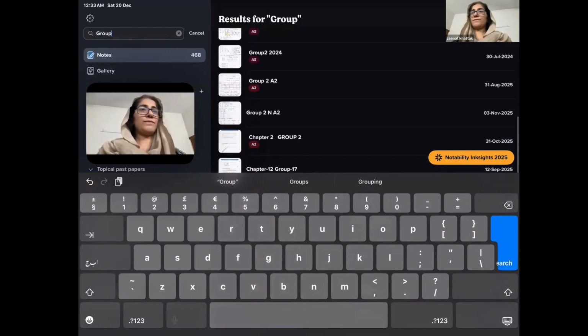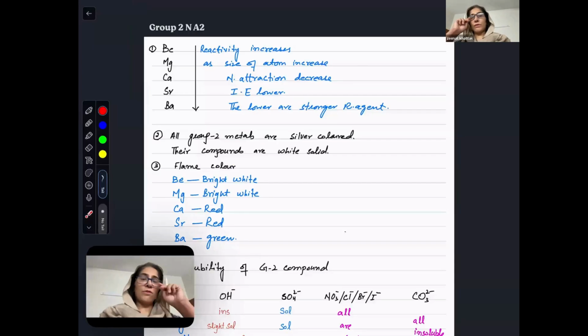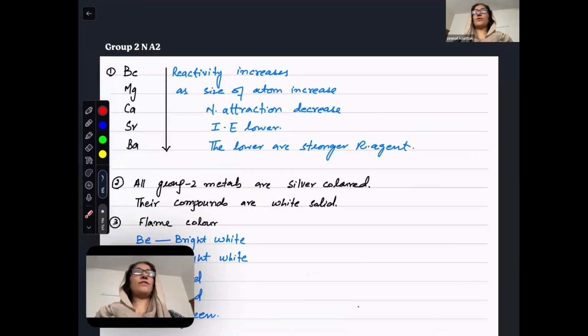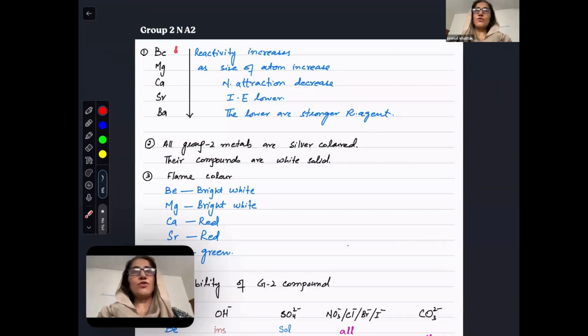In this group 2, the first thing you must know is that the group 2 elements become more reactive down the group. Why?